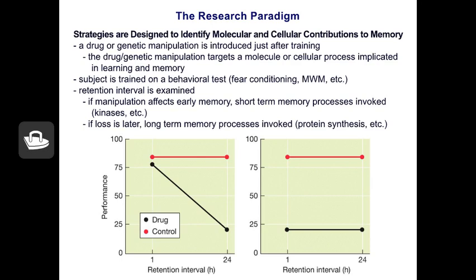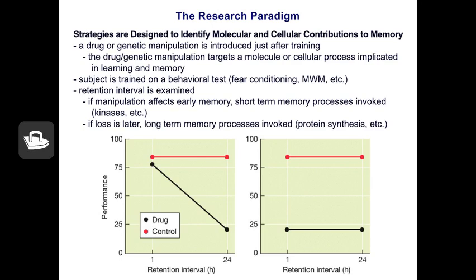The graph at the left shows the expected outcome if the treatment affects a mechanism that is only involved in the long-term consolidation of the memory. The graph at the right shows the expected outcome if the treatment affects a mechanism that is implicated in early stages of encoding of the memory. Let's think through these scenarios.